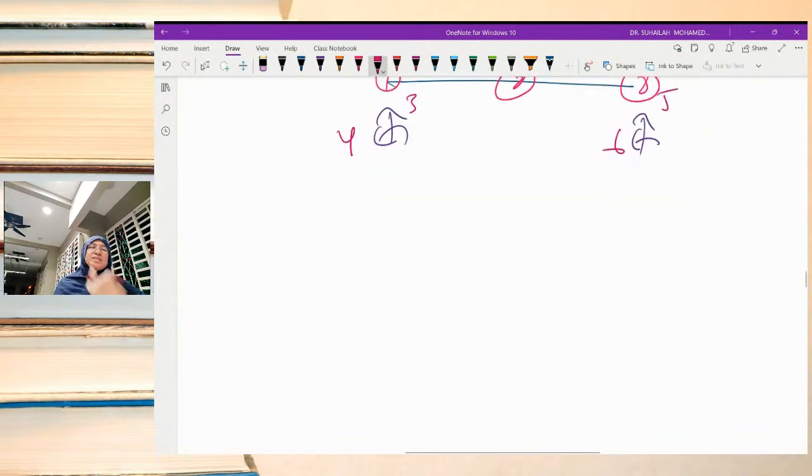When we produce K, we will get K1 and K2.